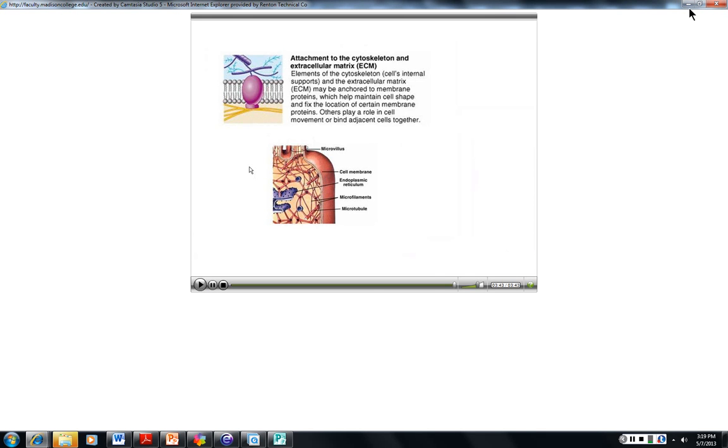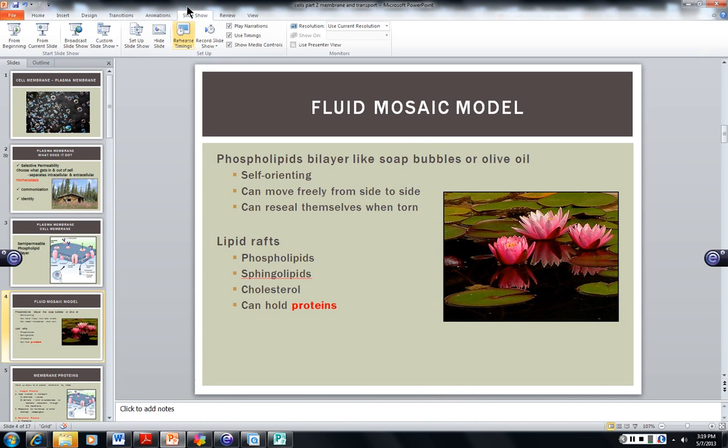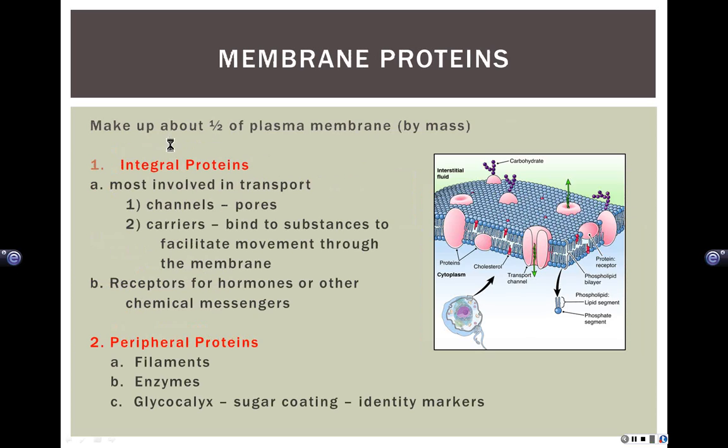All right, so he just said a lot of stuff that proteins do in the cell. Let's take a look at it a little teeny bit slower. The proteins that are inside the cell membrane can basically be divided into two different kinds, integral and peripheral.